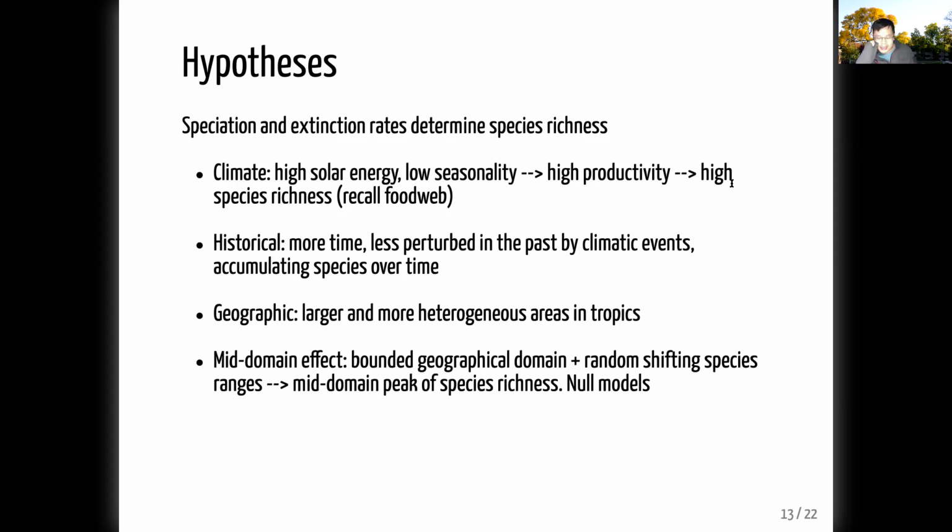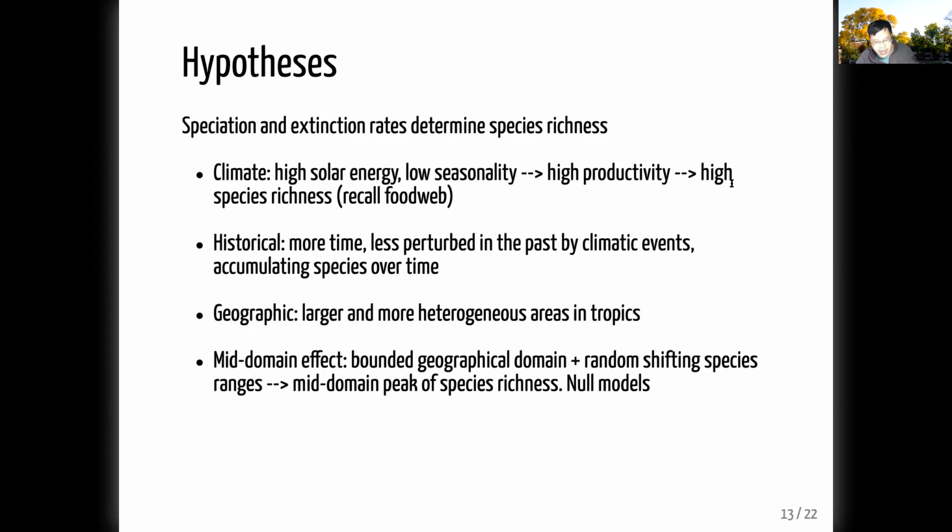So the key idea is just to keep the statistic or the property that we are interested in, and keep all other things the same, but just vary the measure that we are interested in. If we do this randomization, say 1,000 times, we produce a null distribution of the measurement.